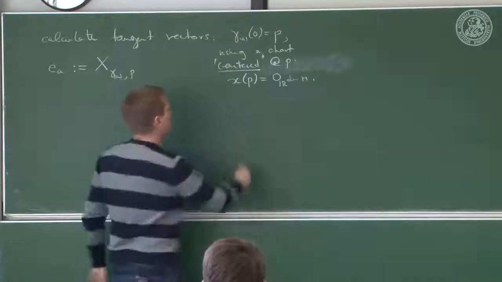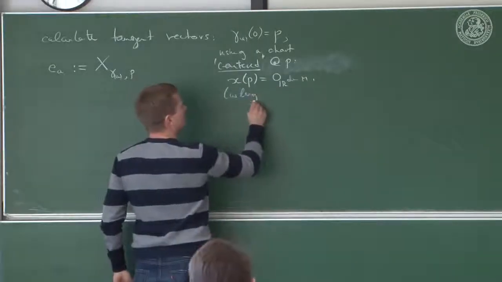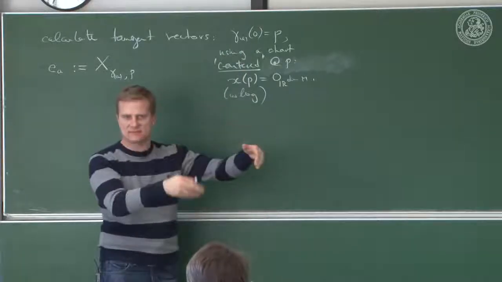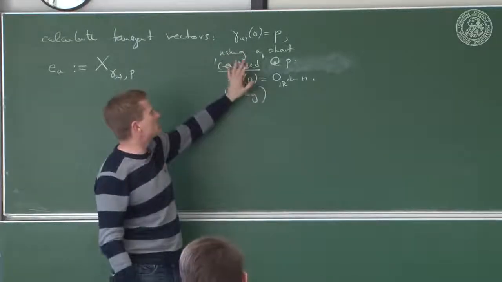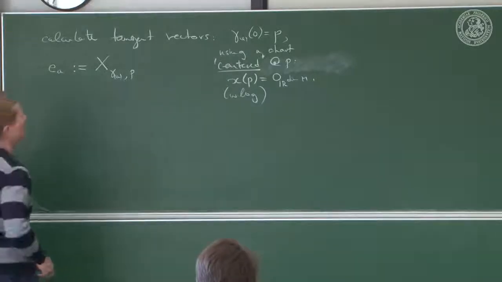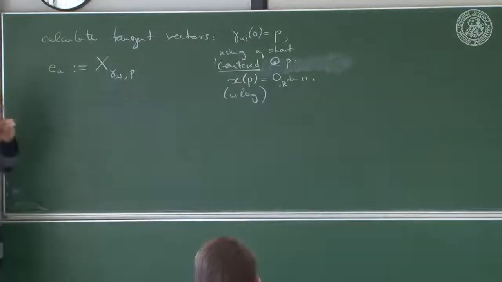Now this is without loss of generality. Obviously, I could arrange for this by suitably subtracting coordinates like we did before. It's just terribly convenient to use a chart that's centered there. So good that I looked at this again.